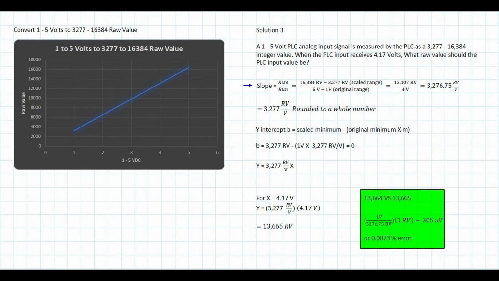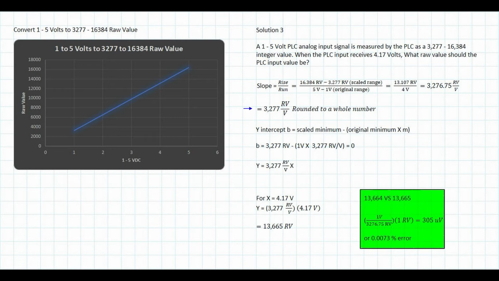We calculate the slope, rise over run, as 16,384 raw value minus 3,277 raw value for the scaled range, divided by 5 volts minus 1 volt for the original range, or 13,107 raw value for every 4 volts, which is equal to 3,276.75 raw value for each volt.